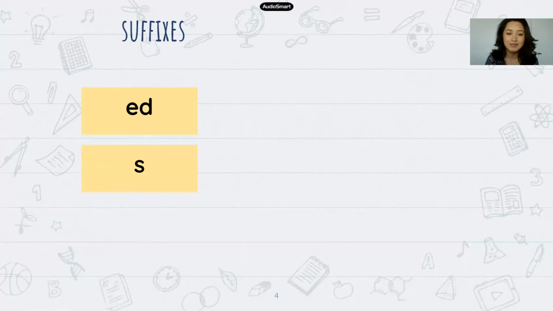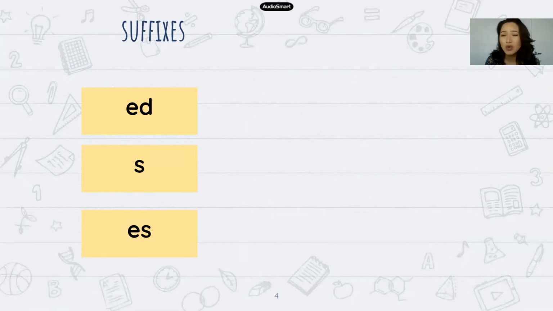Next one. What suffix is in the word bunches? Bunches. What suffix is in the word bunches? Very good, ES. This also comes after a word to make it go from one to many.